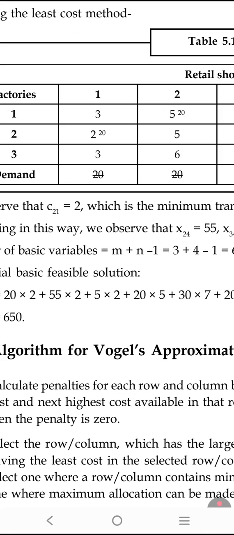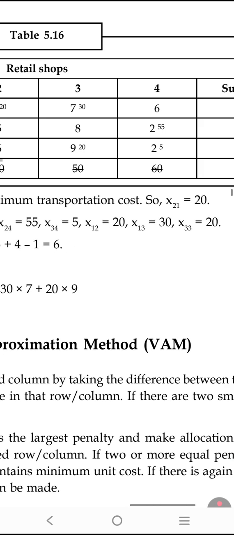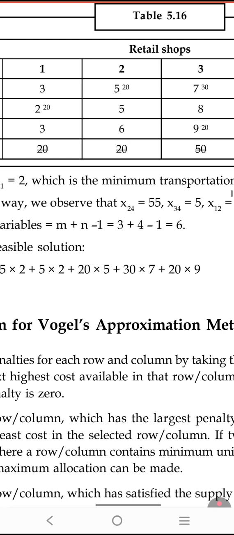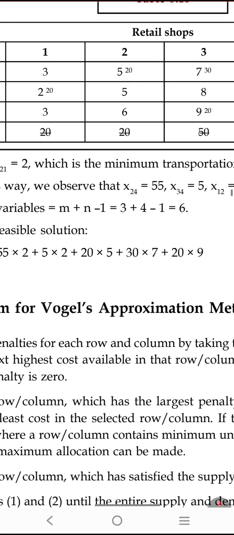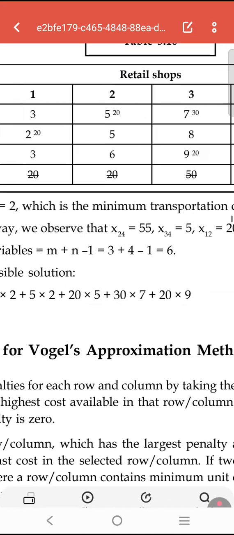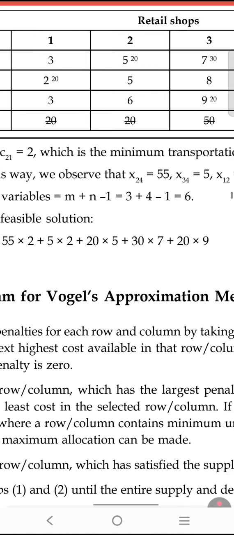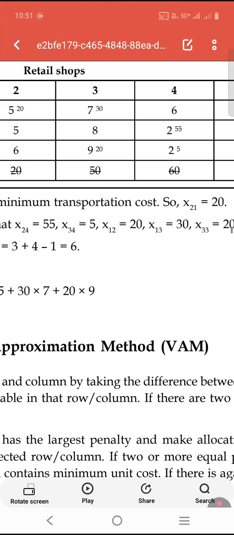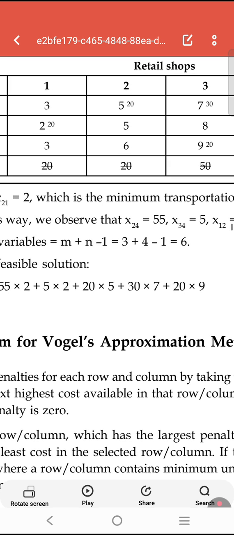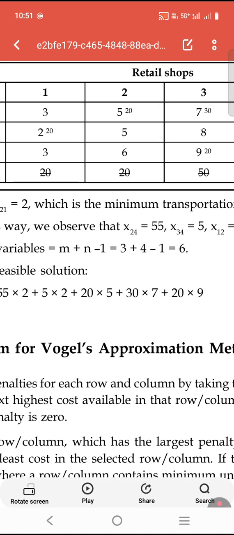Next minimum cost is 5, cell 12. Demand is 20 and supply is 50. The minimum of supply and demand is 20, so we allocate 20 in cell 12, and the remaining supply is 30.